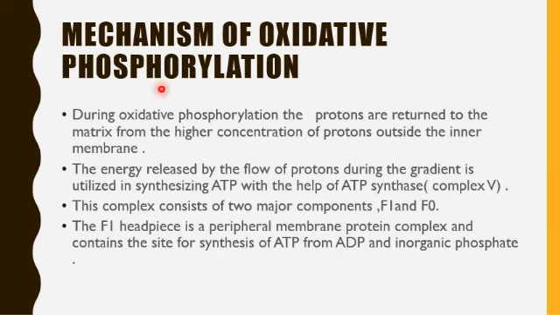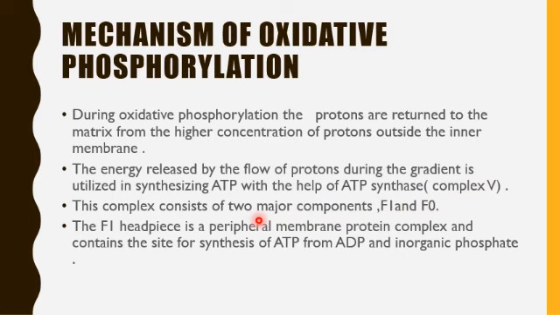Mechanism of oxidative phosphorylation: during oxidative phosphorylation, the protons are returned to the matrix from the higher concentration of protons outside the inner membrane. The energy released by the flow of protons down the gradient is utilized in synthesizing ATP with the help of ATP synthetase, the complex 5.